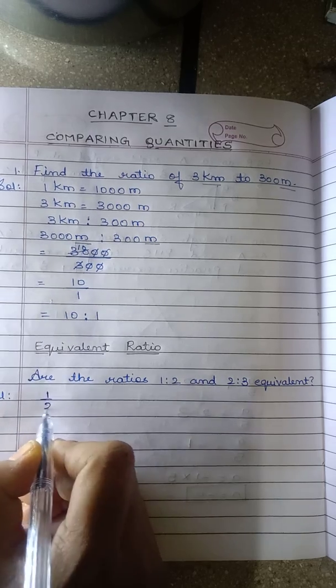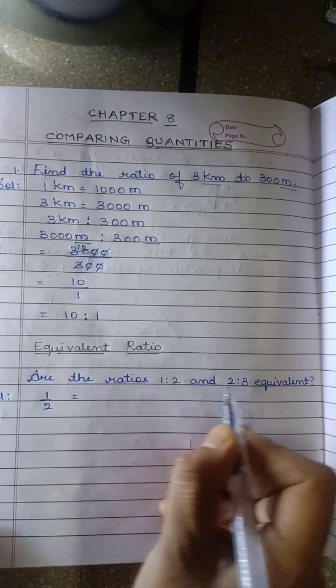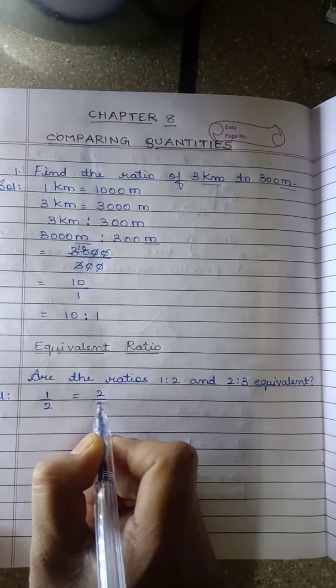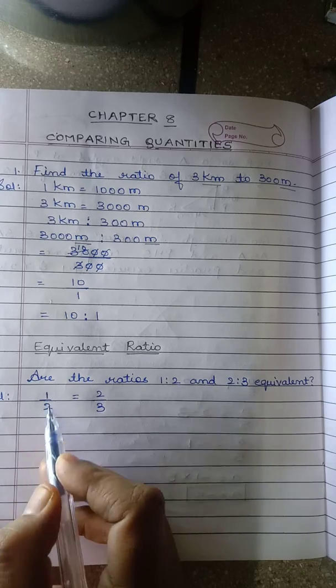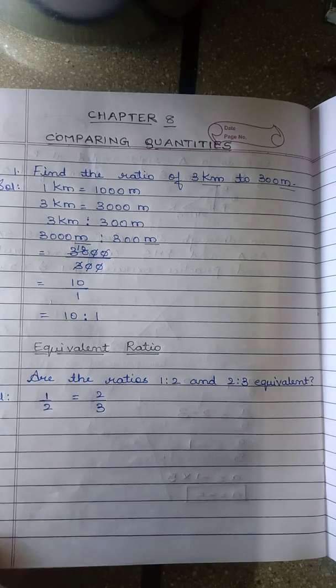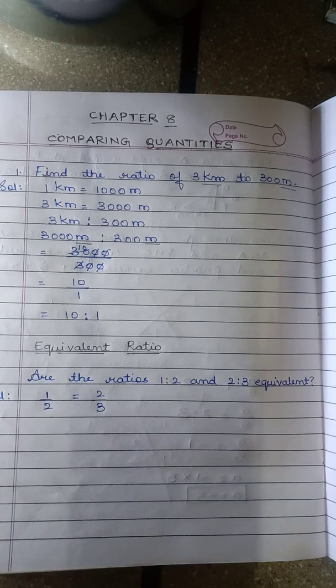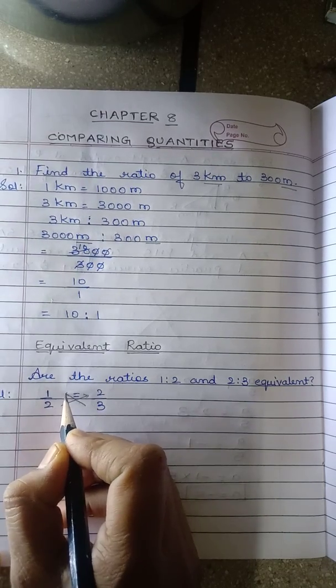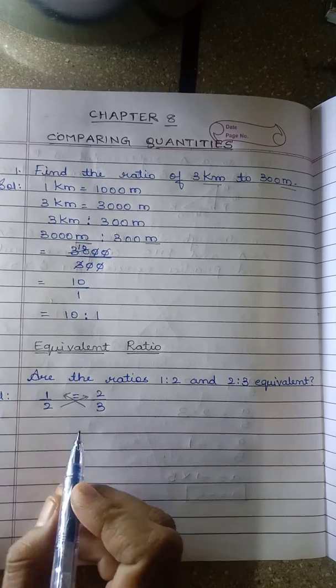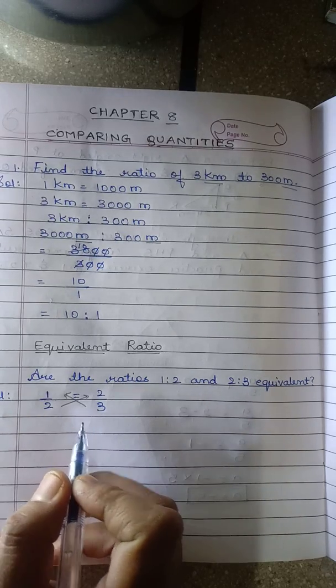So 1/2 is equal to 2/3 or no, we have to find now. So the ratios can be written in the fraction form to find whether they are equal or no. So one method you have learnt in your previous classes, that is by cross multiplication. By cross multiplication you can find whether the two ratios are equal or no.